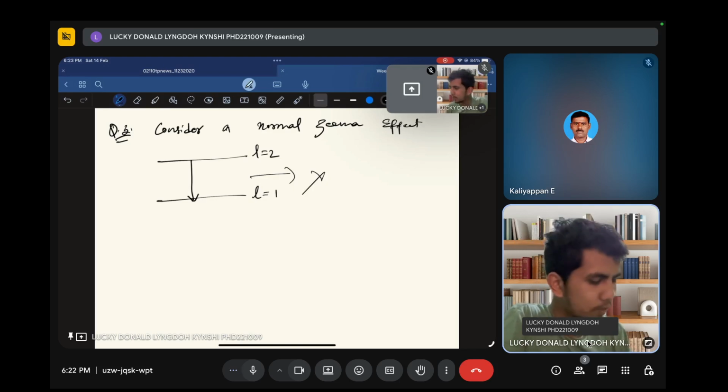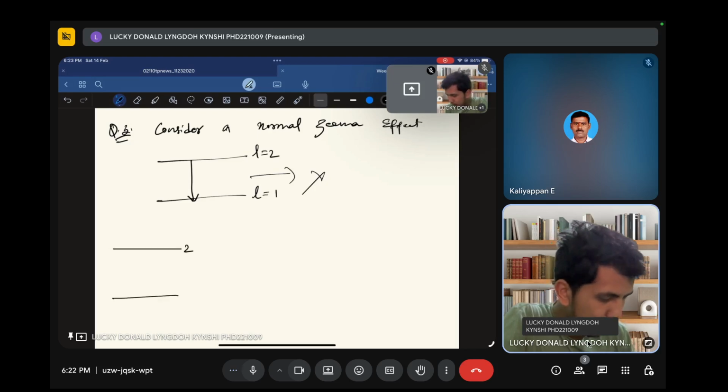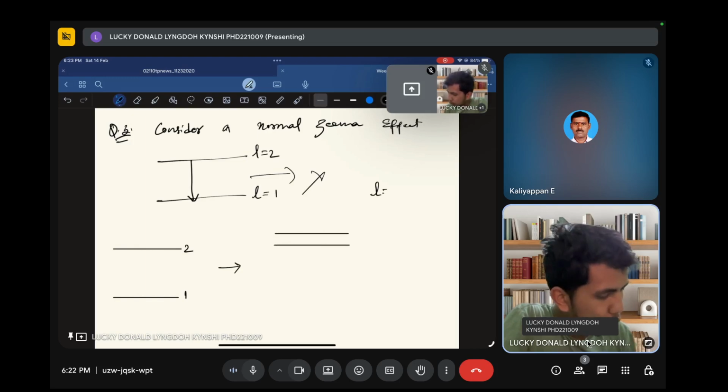When there is a magnetic field, let me redraw it. This is L equal to 1, this is L equal to 2. For L equal to 2, ML will be 2, 1, 0, minus 1, minus 2. And when L equal to 1, ML will be 1, 0, minus 1.